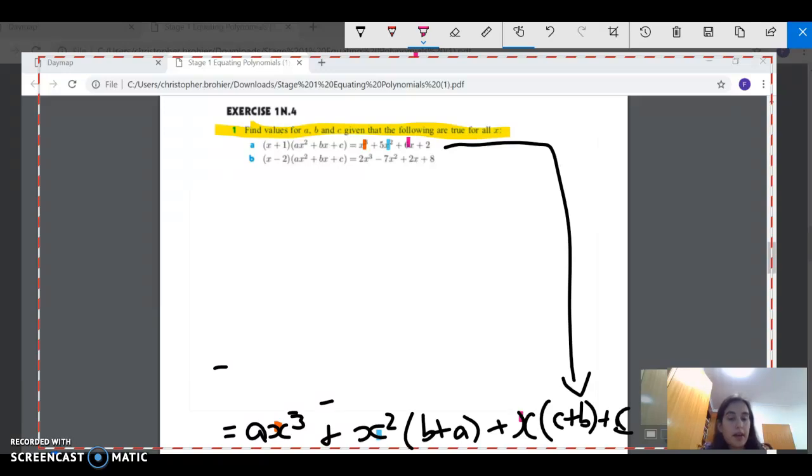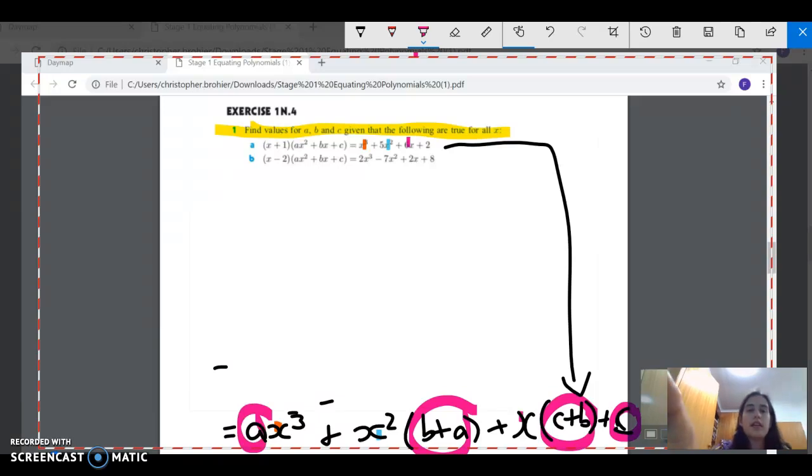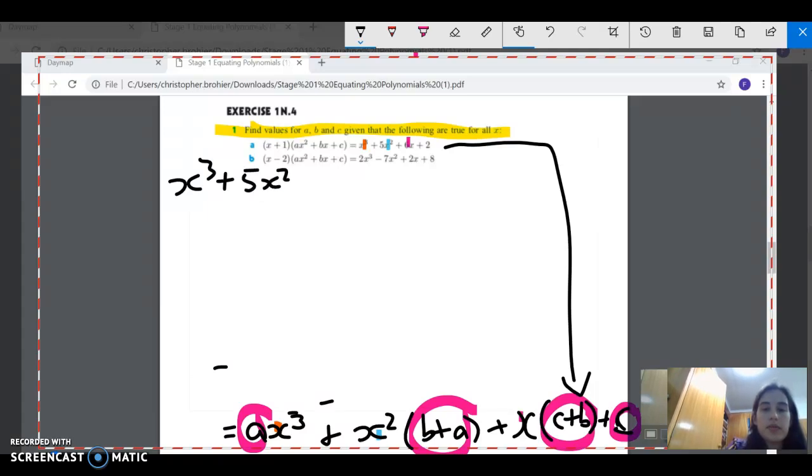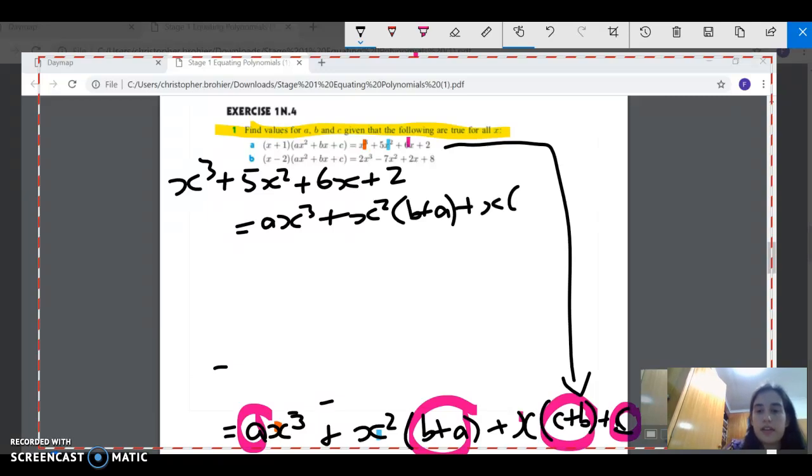So that tells us something about all these values in here. All right, let's look at it. X cubed plus 5x squared plus 6x plus 2 is going to be equal to ax cubed plus x squared outside of b plus a plus x outside of c plus b plus c.